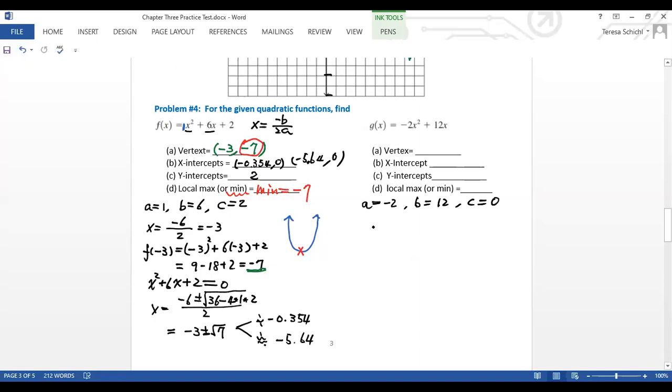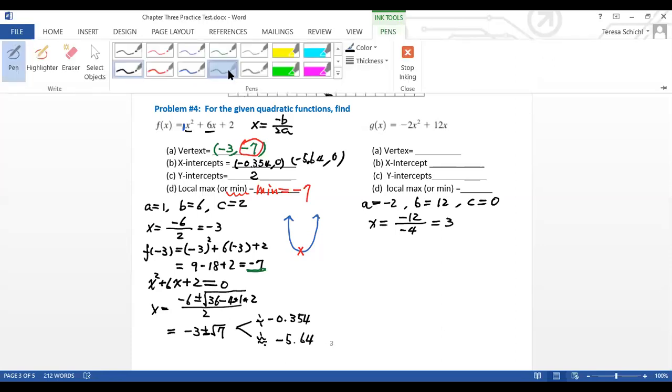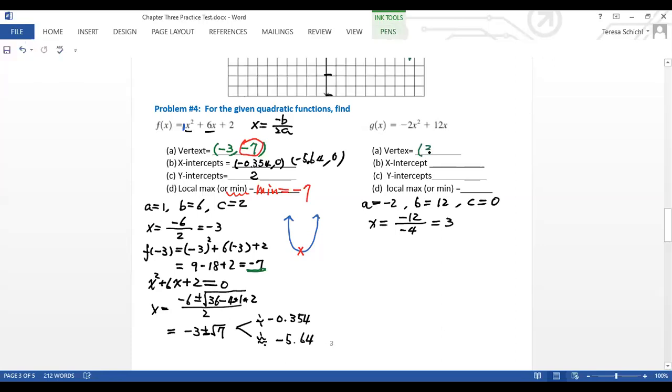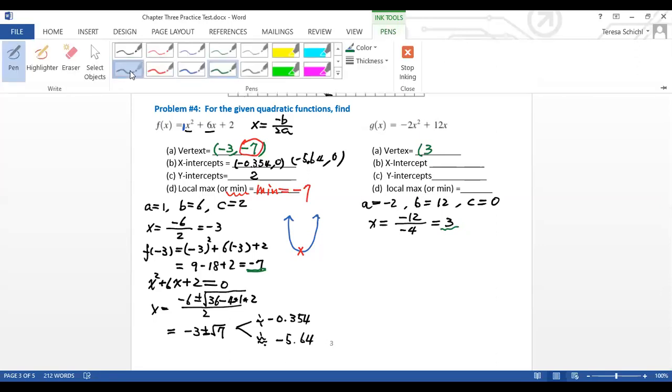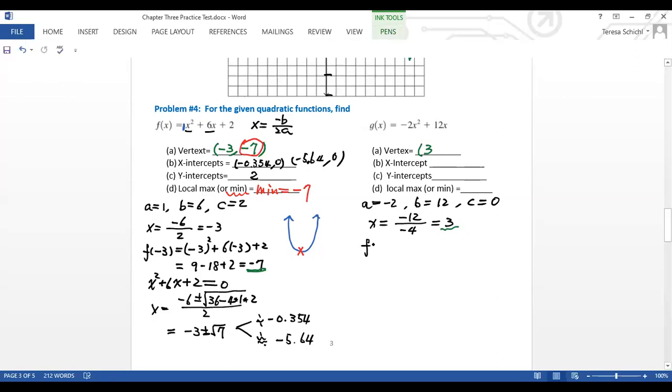So for the vertex, the x here is equal to negative b over 2a, so it's negative 12 over negative 4. What is here? It is 3, right? Okay, so I know my vertex, the first number is 3. After that, remember you just plug the 3 back into your function to get the y value.